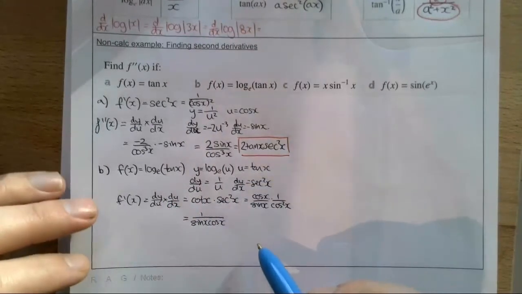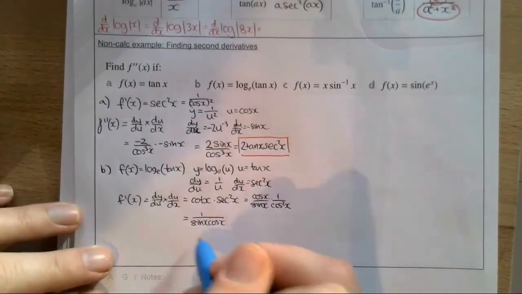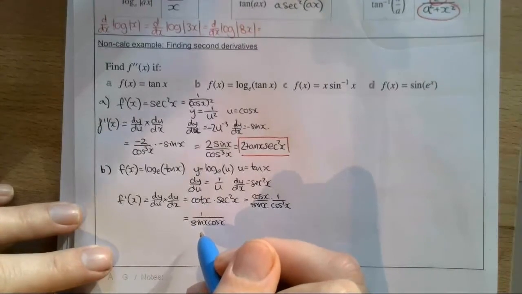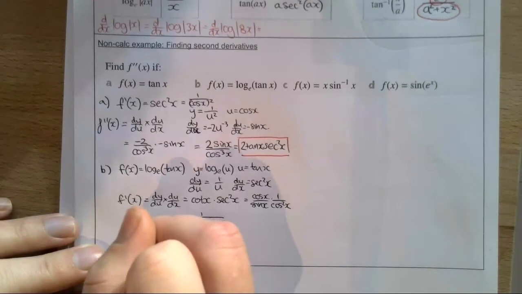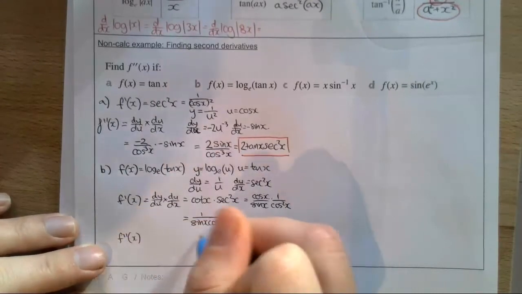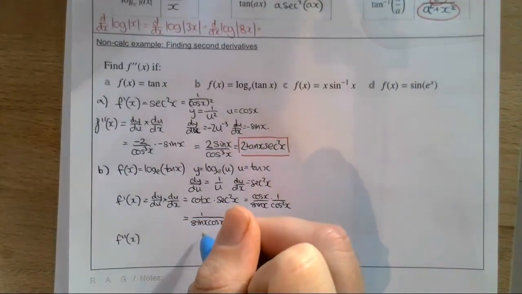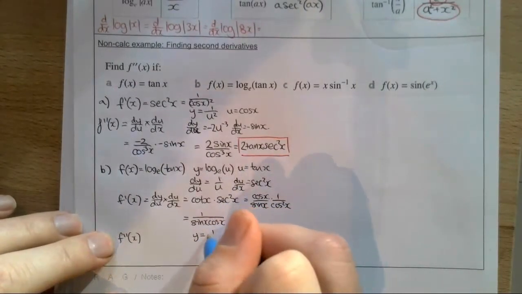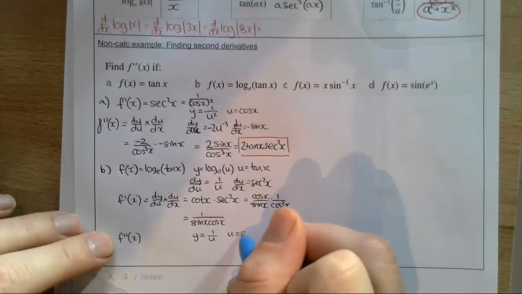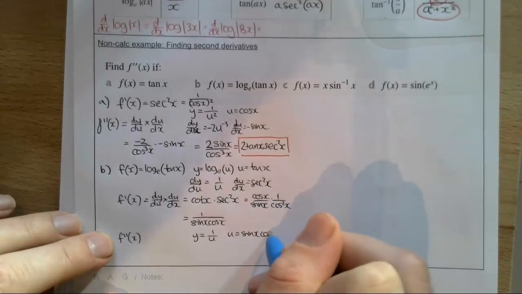You might have done one of those. The way that I'm going to do it here is I'm going to use the chain rule. I'm going to try to find f double dash of x, and I'm going to say that what I have here is y equals 1 over u, where u equals sine x cos x.